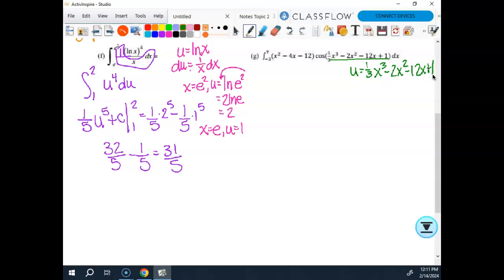So then we'll take the derivative: du equals x squared minus 4x minus 12, and then don't forget your dx there. Now, is that good news or bad news? Looks like good news, right? Because it matches this right here, and we'll go with our dx.